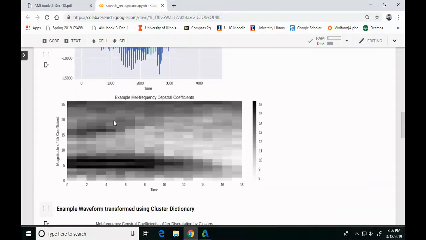Given this, because we're only going to be talking about discrete states, we need a way to take what is basically a single step here, this step, which is composed of 26 real values, and convert it into a single discrete value.